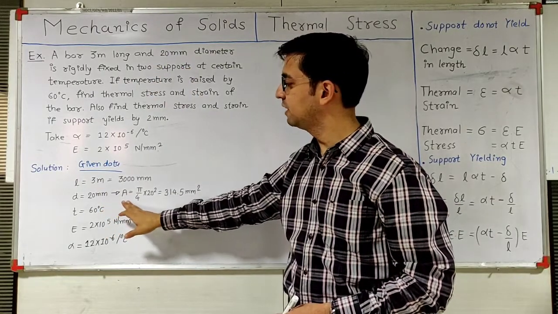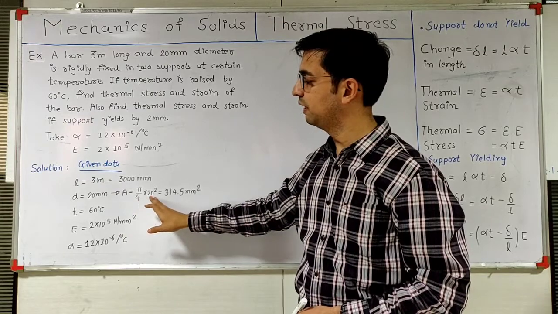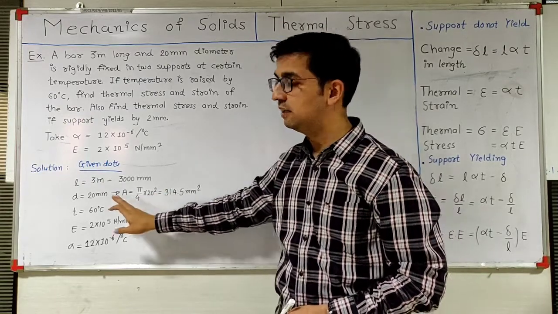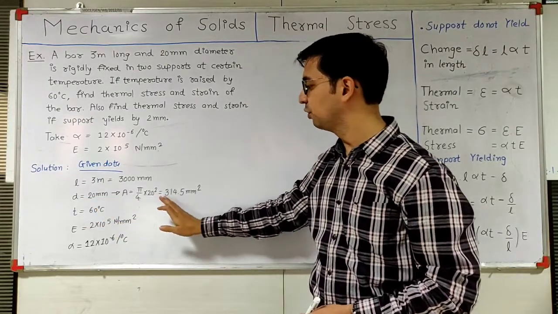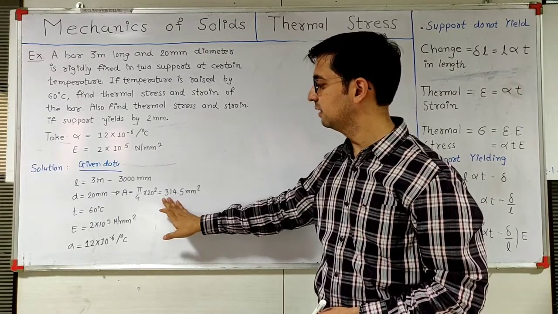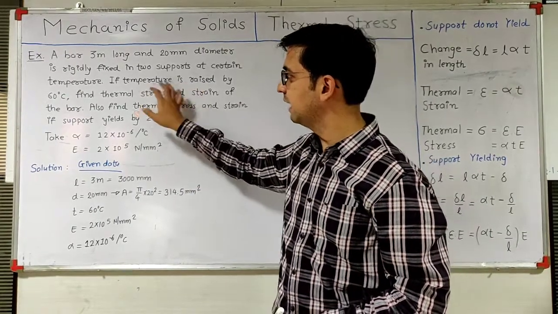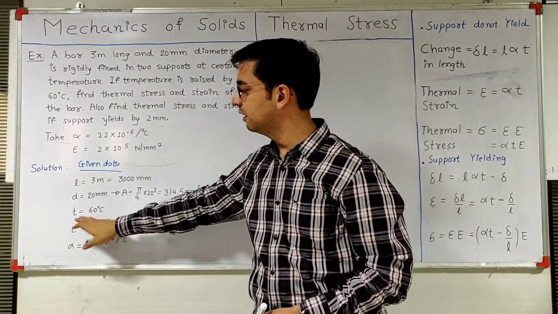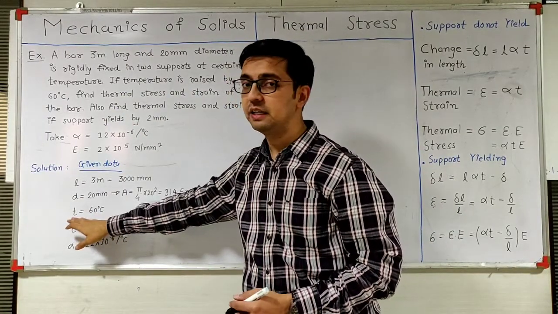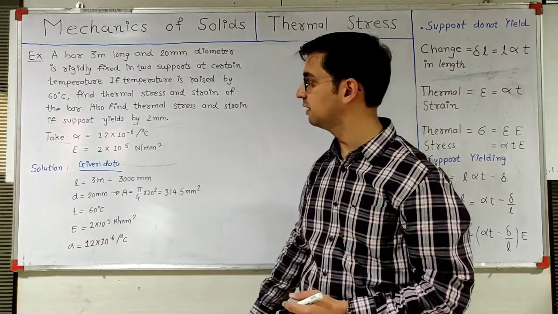So area of this 20 mm is pi by 4 into d square. D is 20 mm. So you will get the answer of area as 314.5 mm square. Temperature is raised by 60 degrees Celsius, so you can say temperature difference is 60 degrees Celsius.